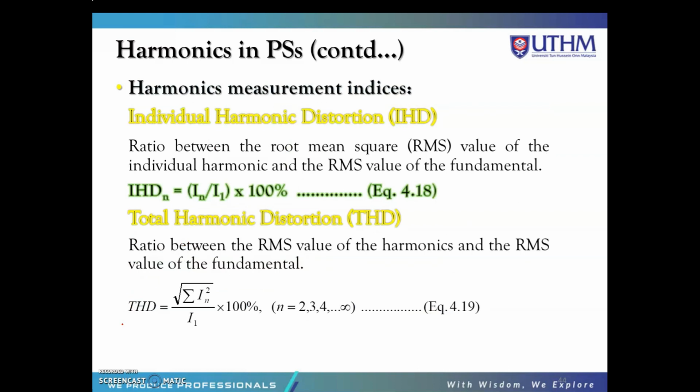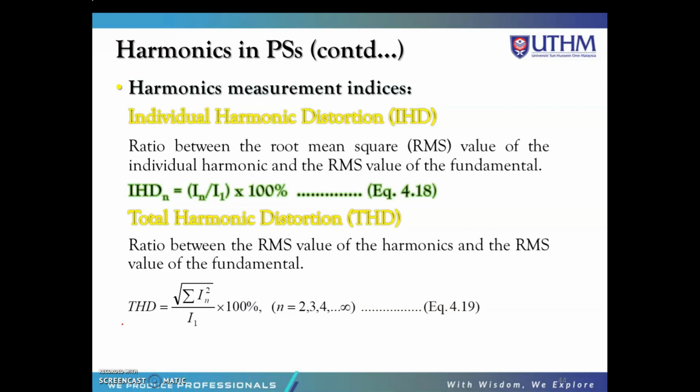For harmonics measurement indices, we measure harmonics by calculating the individual harmonic distortion IHD or the total harmonic distortion THD. The IHD, individual harmonic distortion, is the ratio between the root mean square RMS value of the individual harmonic and the RMS value of the fundamental.